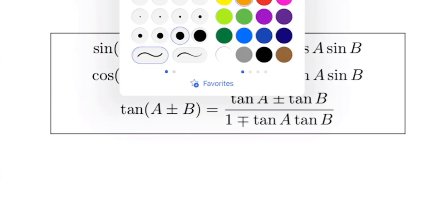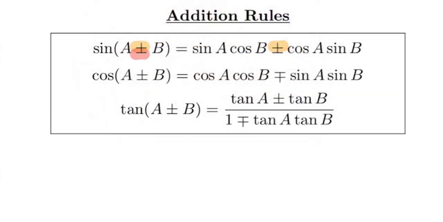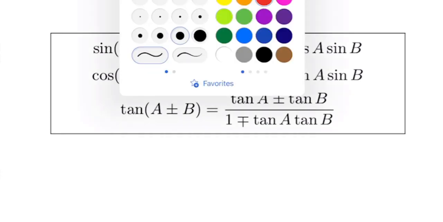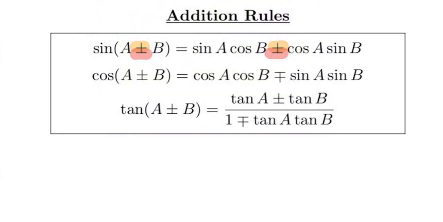But if I wanted sine of A minus B, that would be sine A cos B minus cos A sine B. Likewise, for the cos one, if I wanted cos of A plus B, that's cos A cos B minus sine of A sine of B.